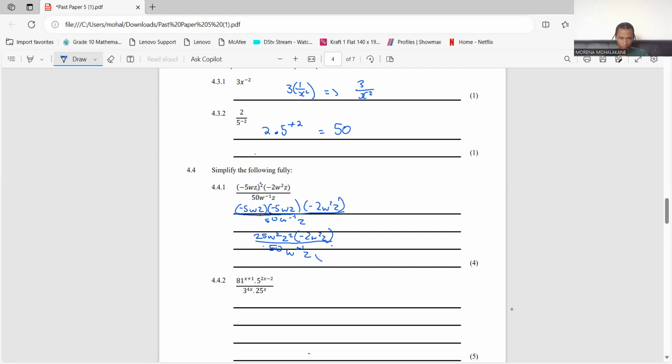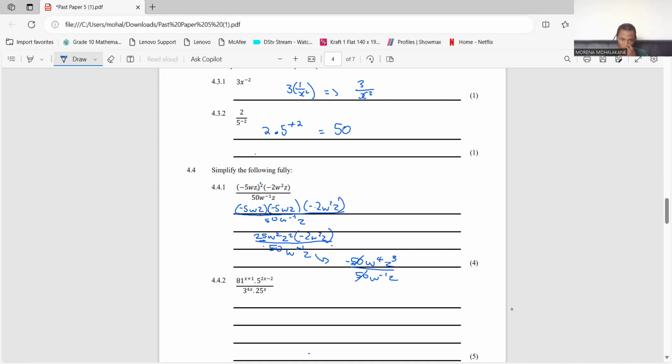As this continues, you're going to get negative 2 times 25, which is negative 50. w squared by w squared is w exponent 4. Then z squared times z is z cubed, all over 50 w exponent negative 1 and then z.